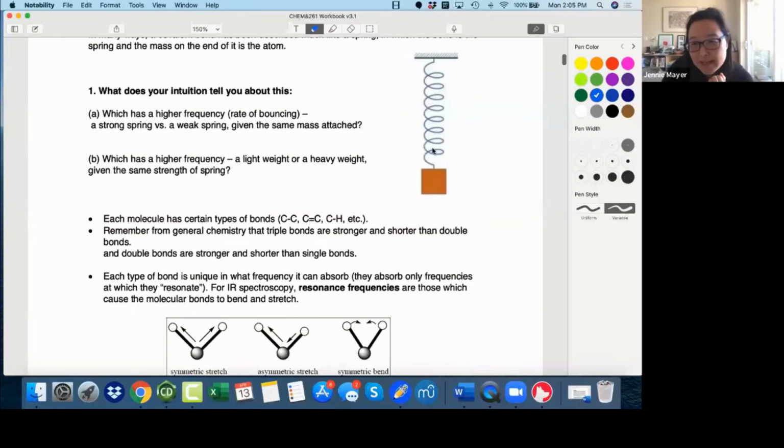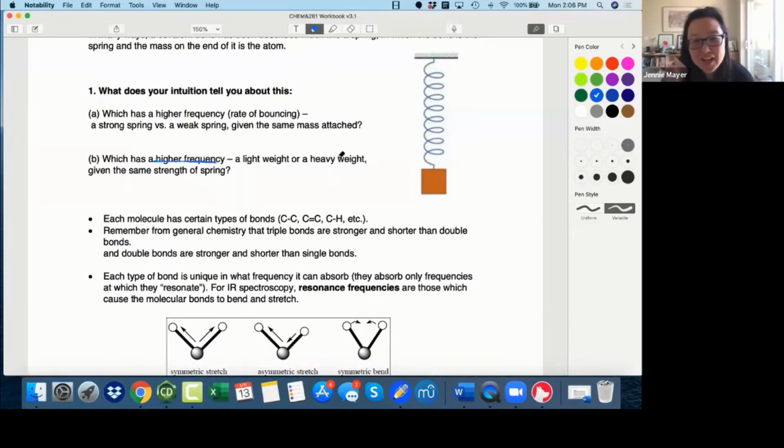You have a spring here. You put something light on it, and you drop it. It's going to bounce. Now take that off and put a heavy thing on there. Is that going to affect the rate of that bouncing, that frequency? Go ahead and put in which you think would have a higher frequency, or which would bounce faster, a lighter weight or a heavier weight.